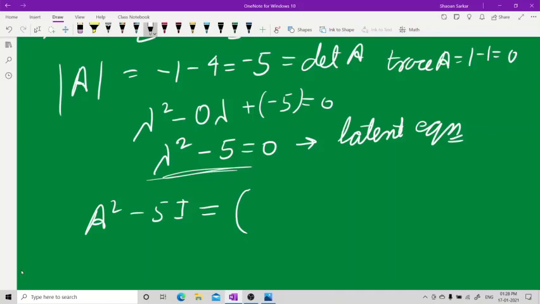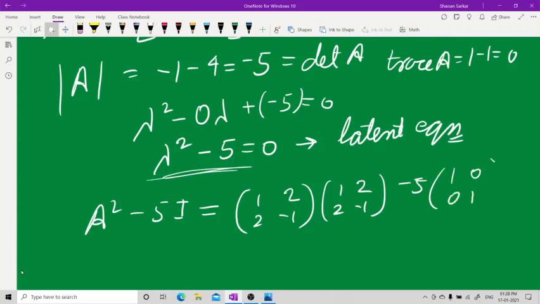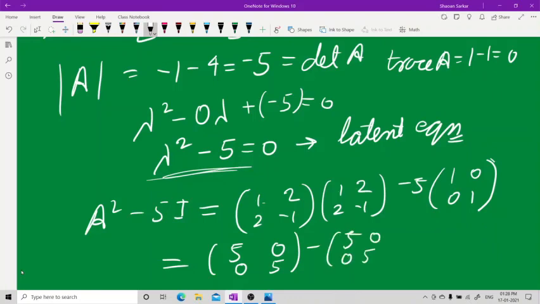A square is 1, 2, 2, minus 1 into 1, 2, 2, minus 1, and then minus 5 times 1, 0, 0, 1. 2 twos are 4, and 5, 1 twos are 2, 2, 0. Again you will get a 0 and a 5, and from here 5, 0, 0, 5, and hence 0, 0, 0, 0.